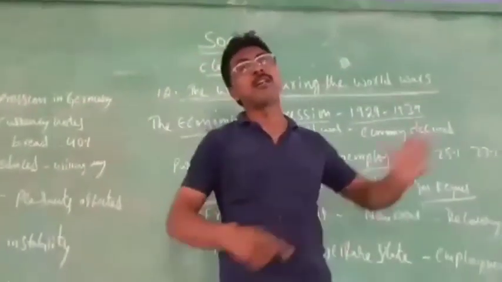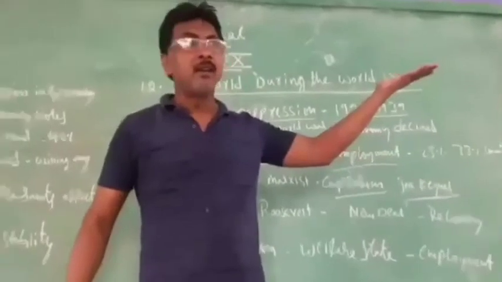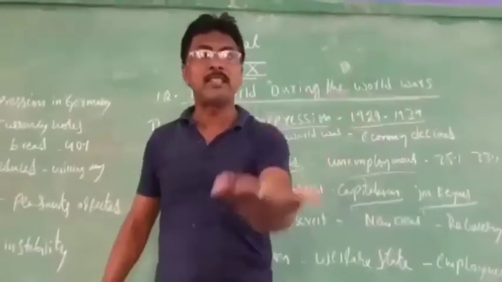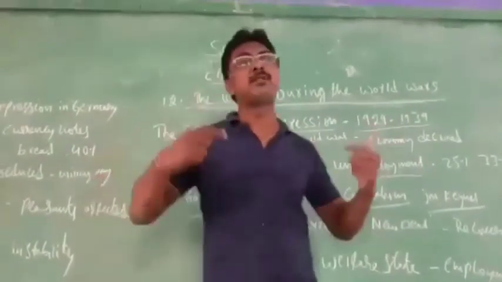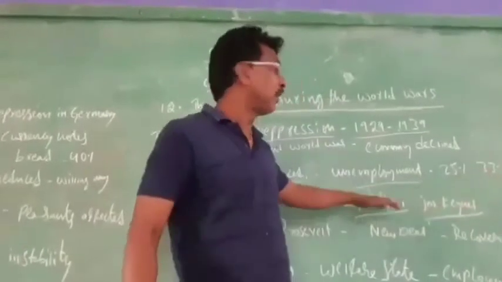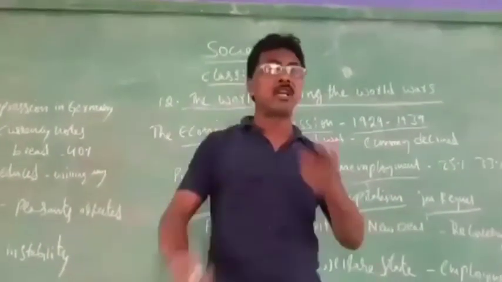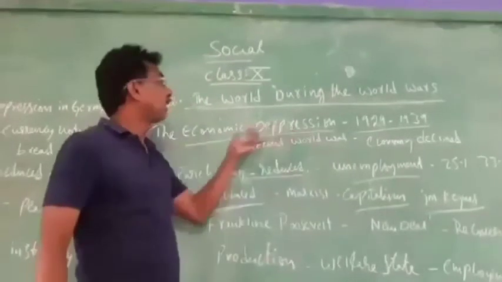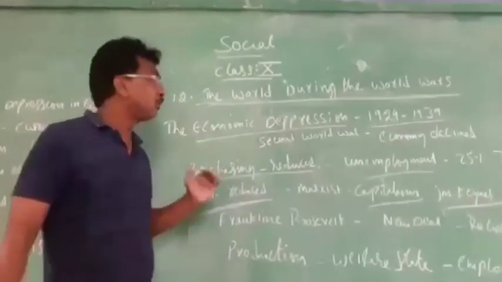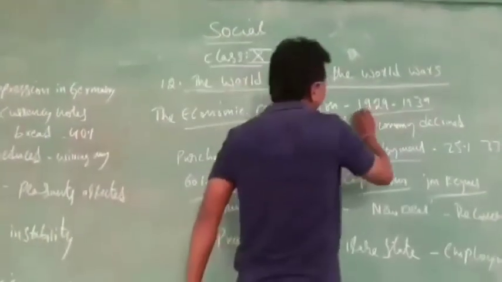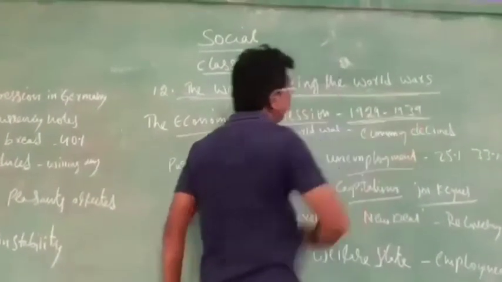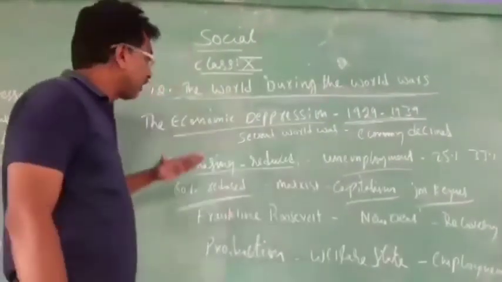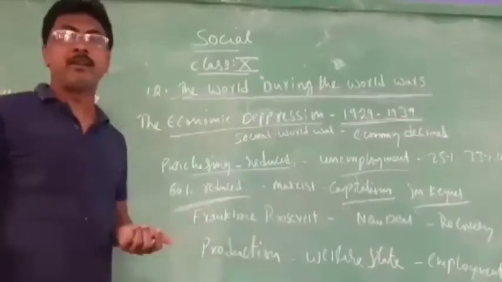Industry people also started production, manufacturing goods and selling them. So industries and the working class started running again, the rotation happened, and they came out of the economic depression. You should know that the economic depression started in 1929 and ended in 1939. Because of that suggestion they came out of it.